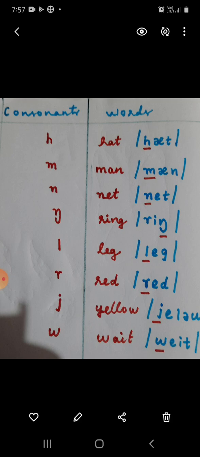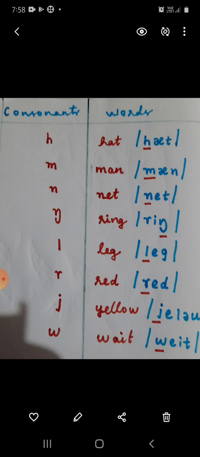In the last classes we have studied that there are 44 sounds in English. You remember that, yes? There are 44 sounds, and those 44 sounds are categorized into three. First one is vowels, second category is diphthongs, and the final is consonants. Up to that you remember.